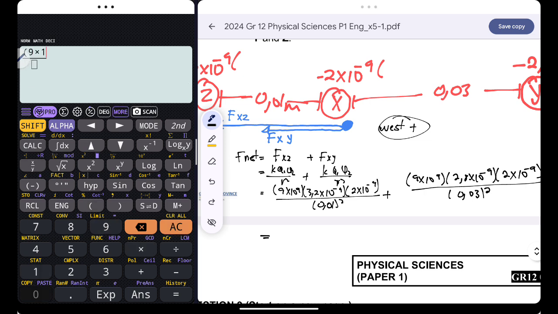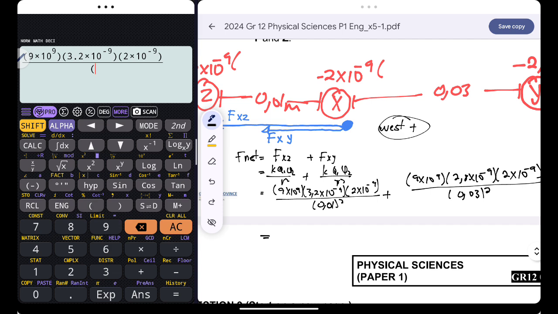I simply have 9 times 10 to the power 9 multiplied by 3.2 times 10 to the power of negative 9 multiplied by 2 times 10 to the power of negative 9.